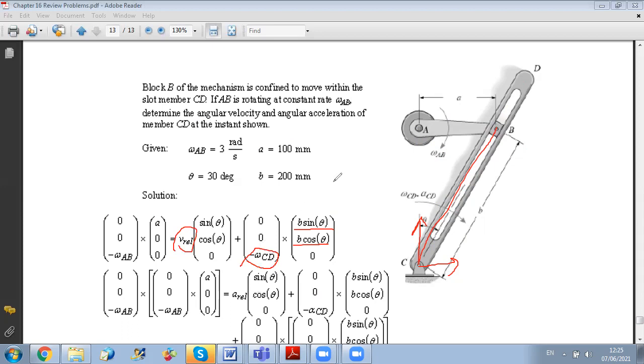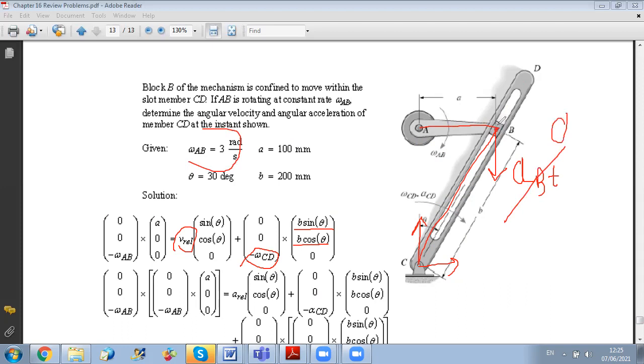So as a first step, we will start by finding the acceleration of B. B is doing rotation about a fixed axis. I can decompose it into a tangential component, AB tangential. But remember that omega AB is constant, so alpha is 0, meaning AB tangential is 0.